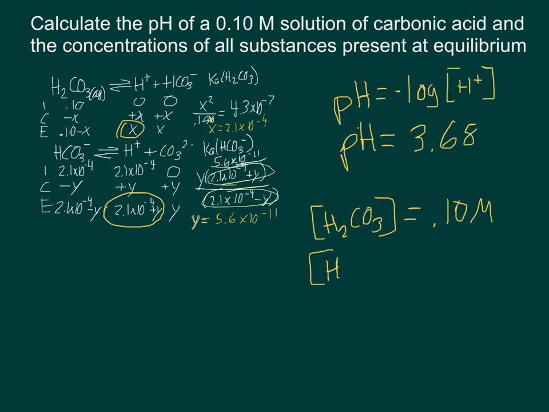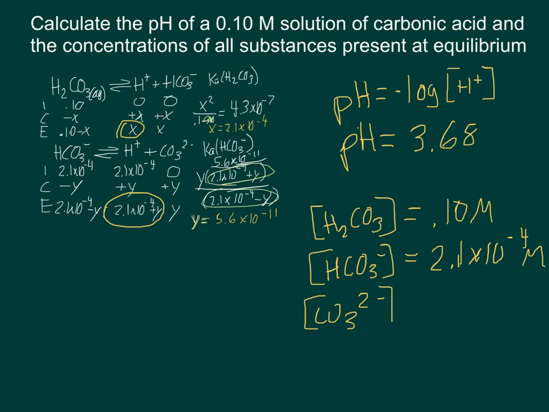The bicarbonate, HCO3 minus, okay, that has a concentration of 2.1 times 10 to the negative 4th, or X value. And our carbonate, CO3 2 minus, okay, that is going to be equal to the value of Y, 5.6 times 10 to the negative 11th molar.